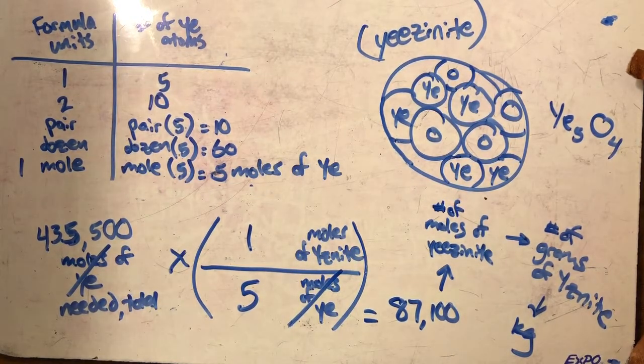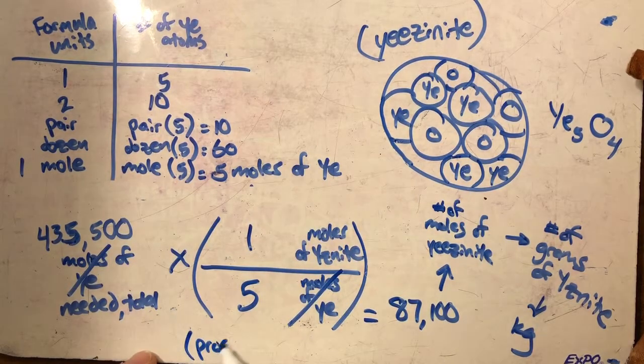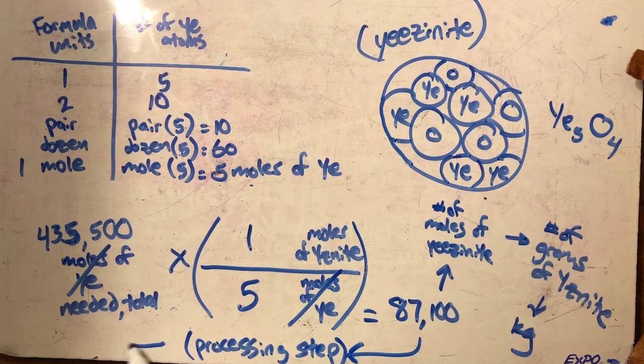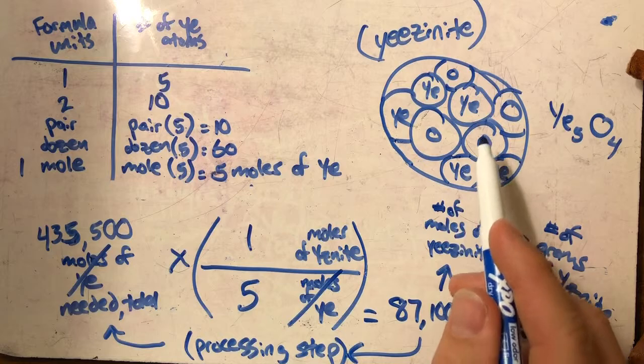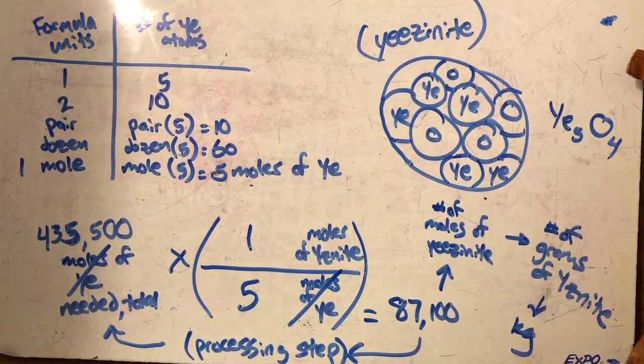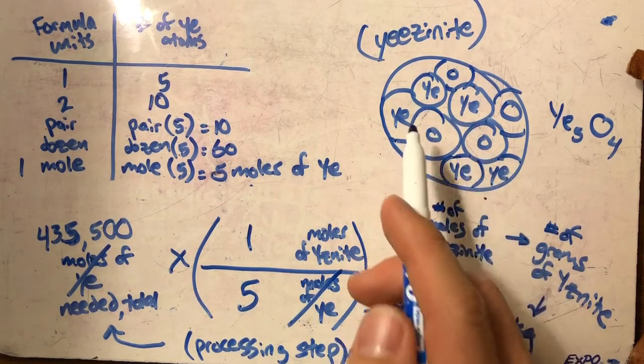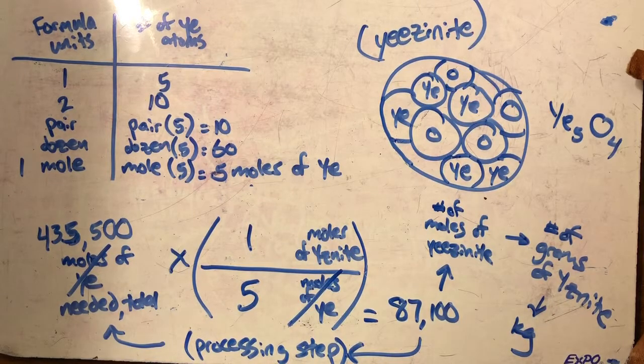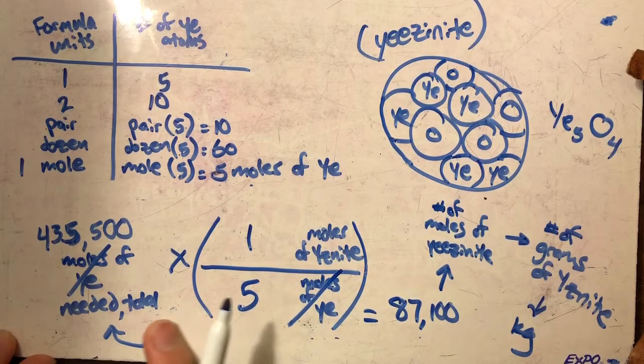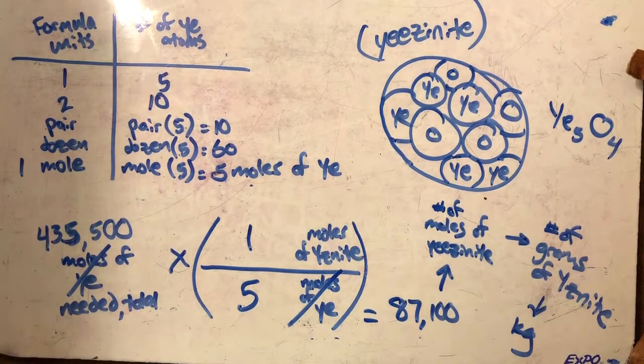Okay, there will need to be some sort of processing step, which will involve some sort of process whereby the rock undergoes a chemical transformation and the oxygen is released from the Yeezinite, and all you're left over with is the yttrium, and then the yttrium can be sold to Adidas and they can make the shoes. But we're not going to worry about that because that's not something that we are going to handle. We're just doing the math right now.